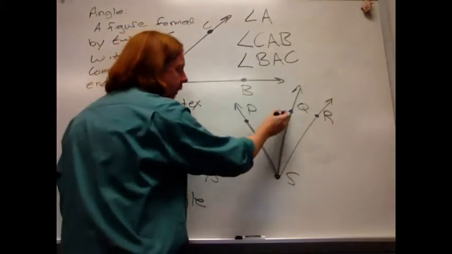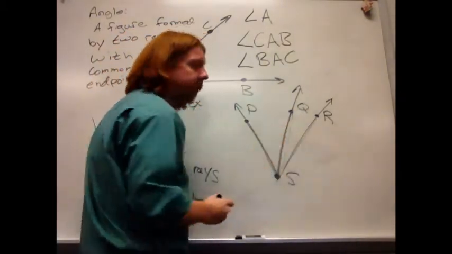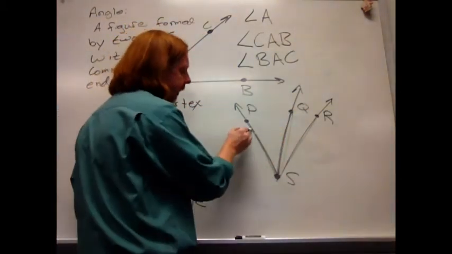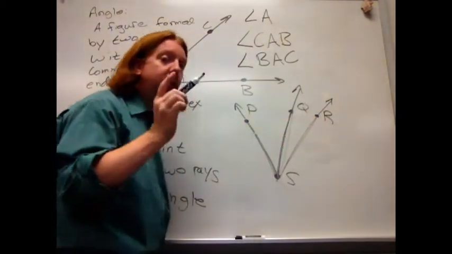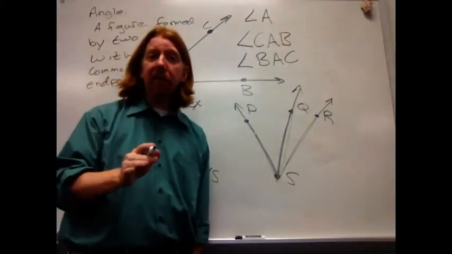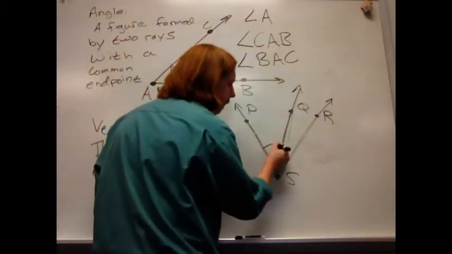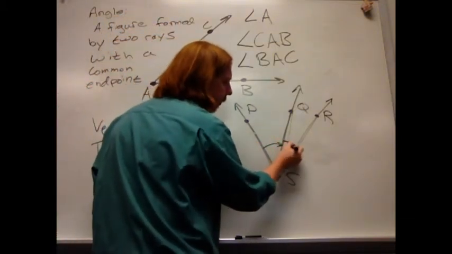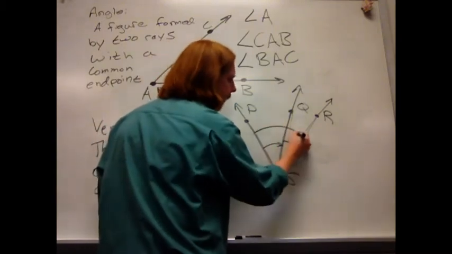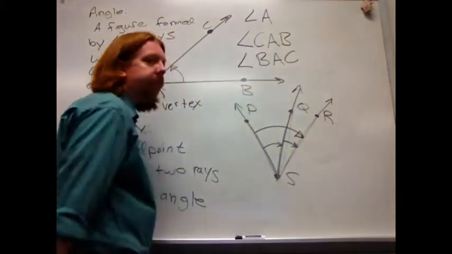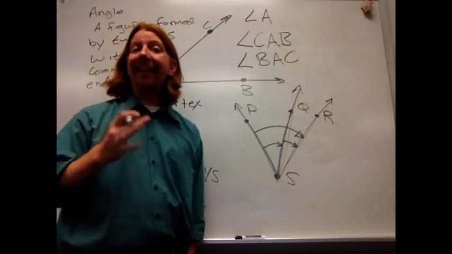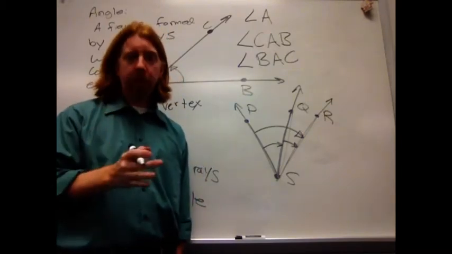Am I talking about angle Q, S, R? Or am I talking about angle P, S, R? You should see three individual angles there, three pairs of rays. Angle 1, angle 2, and angle 3. That's why the way we name the angles is so critical.